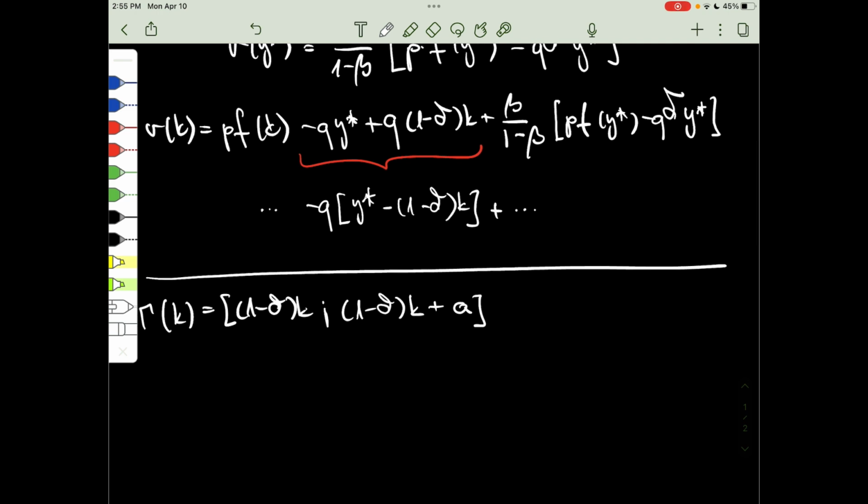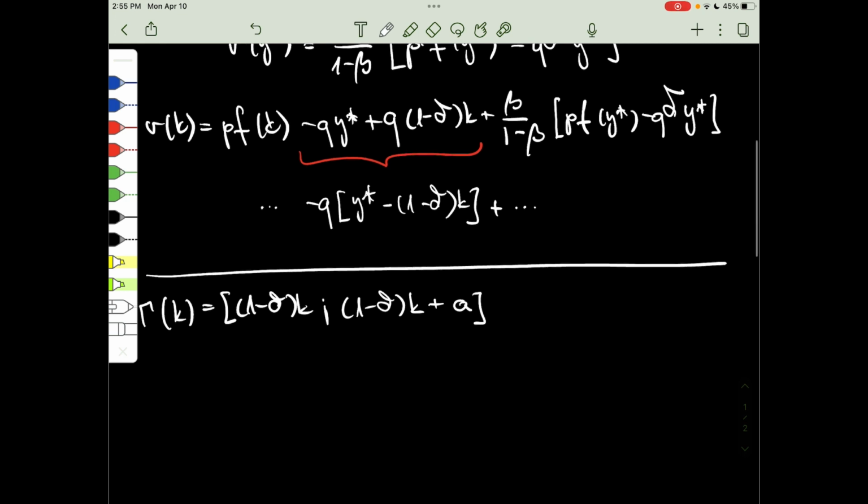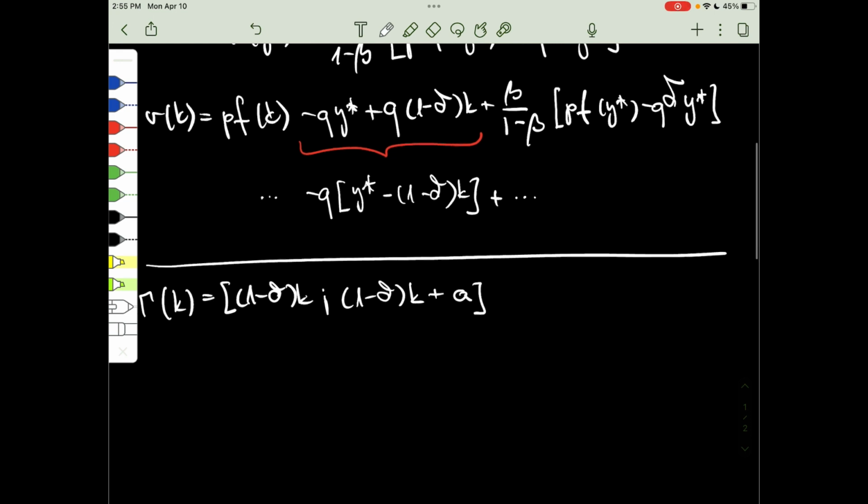So we have a new correspondence, and in this case we need to recheck if our assumptions hold. So we need to go over the assumptions one by one to check if they hold. We will do it quickly, I promise.